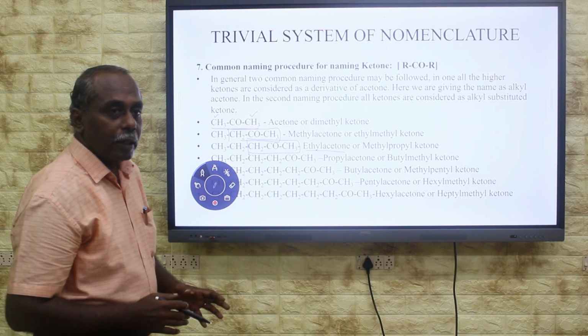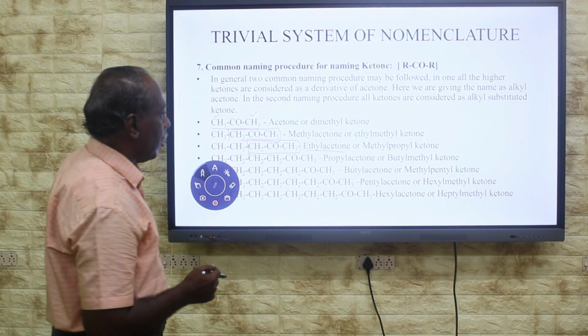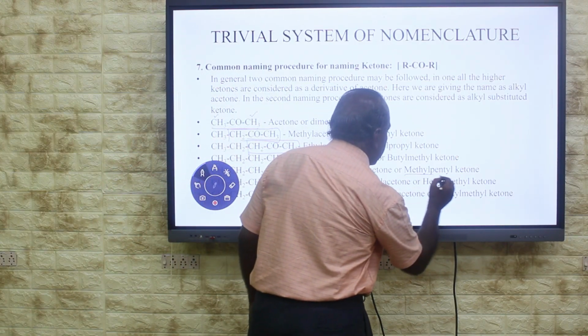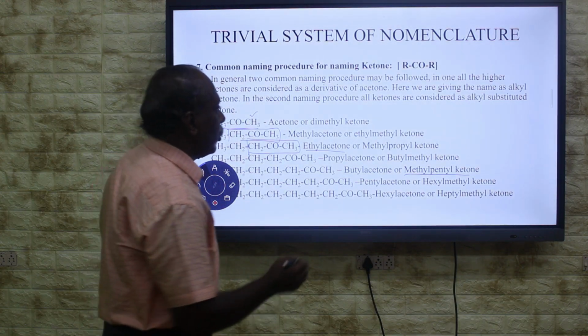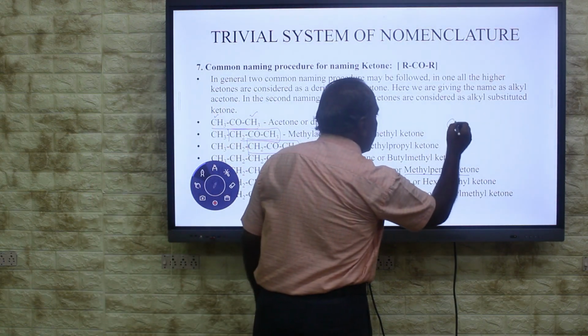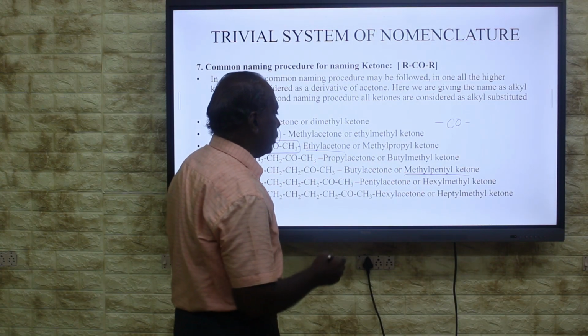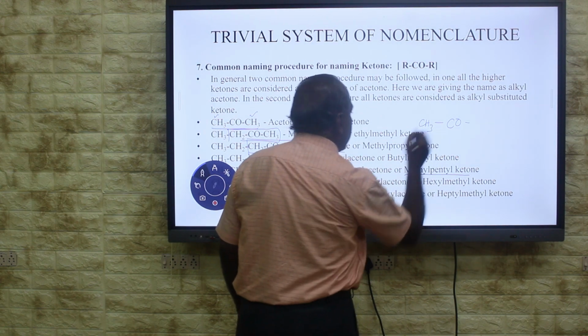In a similar manner, we can write the trivial name of the compound. Here also, once the trivial name is given, we can write the structure of the compound. I will take one example. Methyl pentyl ketone. First you write the functional group ketone. On one side you substitute a methyl group.